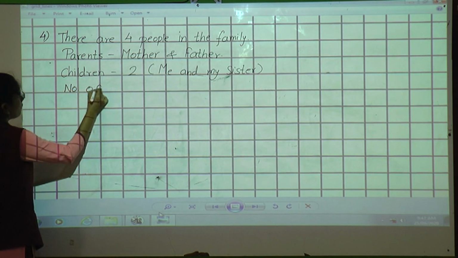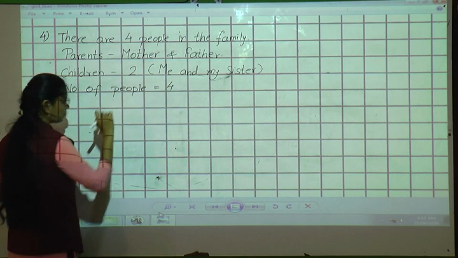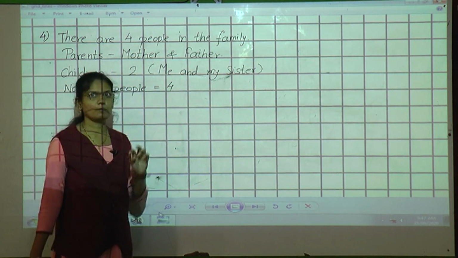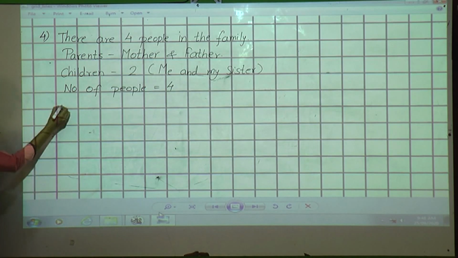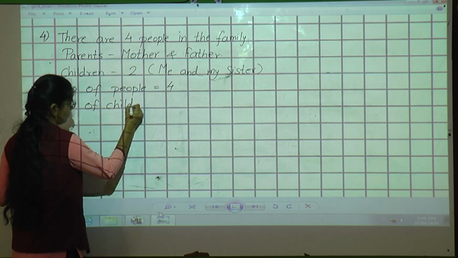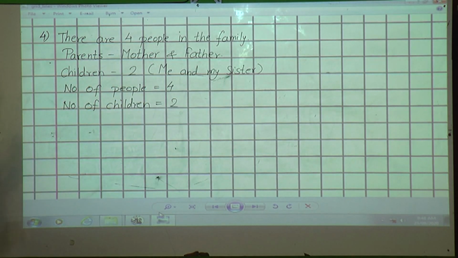First of all, number of people. How many people are there? There are 4 people. So number of people is equal to 4. Now out of that 4 people, how many are children? Number of children is equal to 2. The question is, what fraction of my family are children? 2/4.